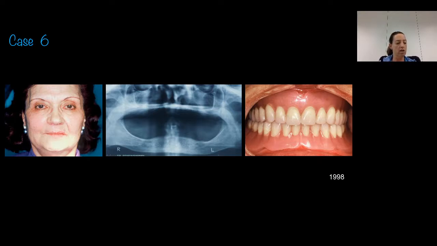So I think that in the future, of course, there is a place for guided surgery, but I think the future will be more navigated surgery, because with navigated surgery, you can actually control well where you are drilling in relation, for example, to the nerve. Okay, so that would be my advice to you.